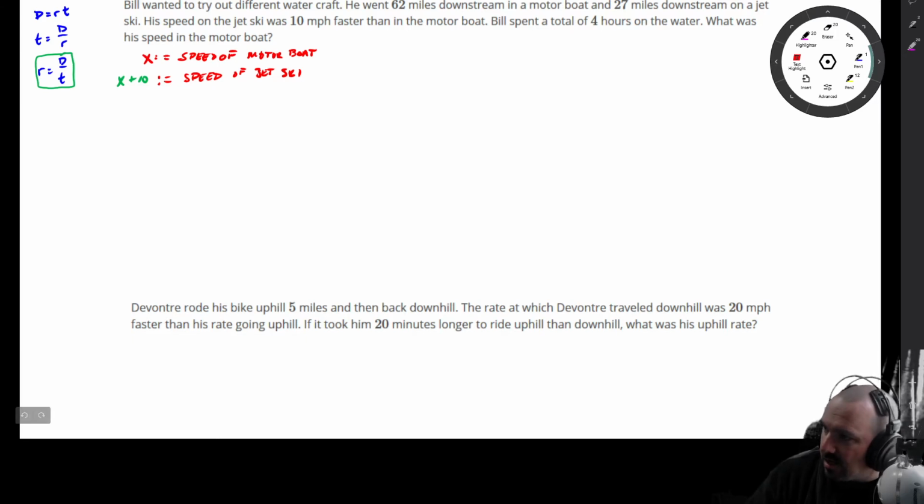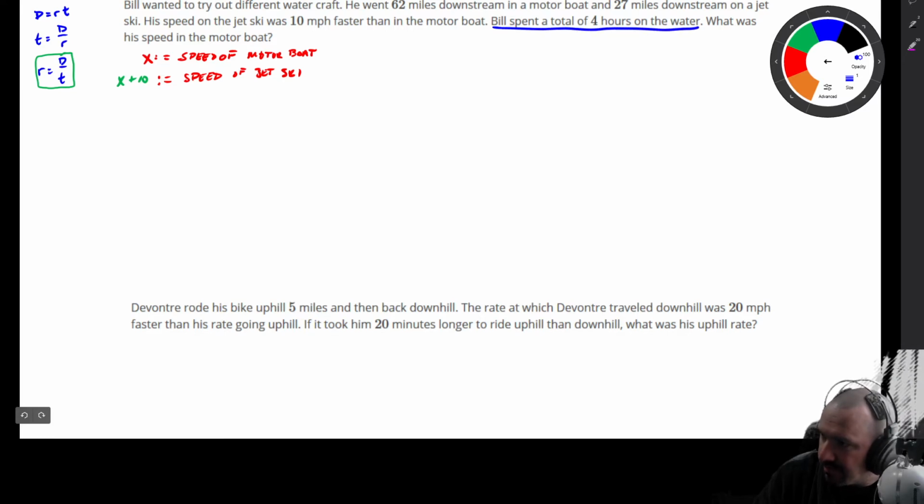Okay, this next piece. I need to figure out which one of these three equations I'm going to need. So I'm looking at this sentence here. And I'm going to read it very carefully, and I'm going to try to understand it. So Bill spent a total of 4 hours on the water. There are two great big pieces of information here that I need to understand.